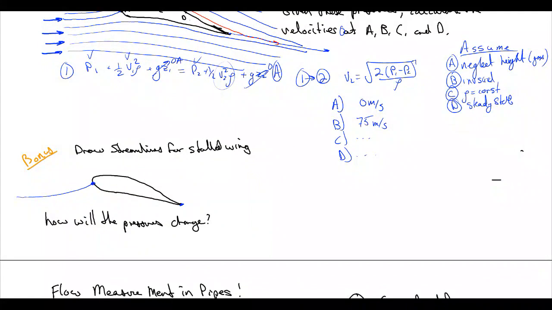So now if you were to draw a streamline, you go up like this. This one still comes down. And now you have a low pressure region in here. Oops, that doesn't look very good. And so you get some recirculation in this region.